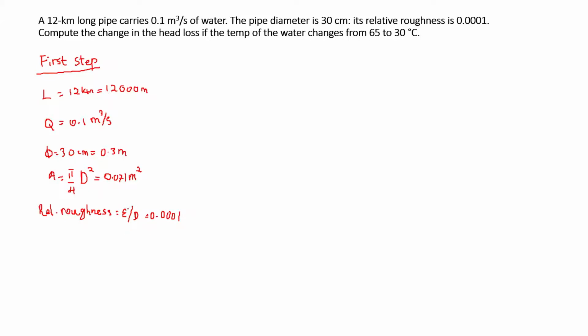Okay, let me ask you, is it epsilon over D or D over epsilon? Which one do you choose? Because I've shown you two different types of Moody diagram, right? So I believe that this should be for this.